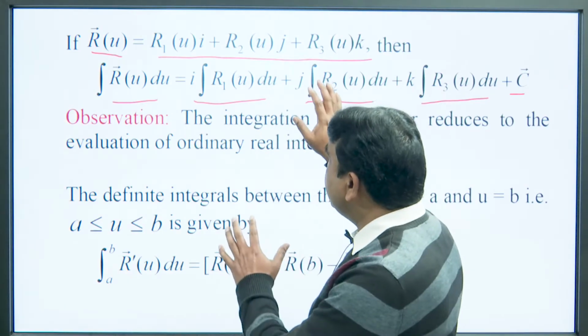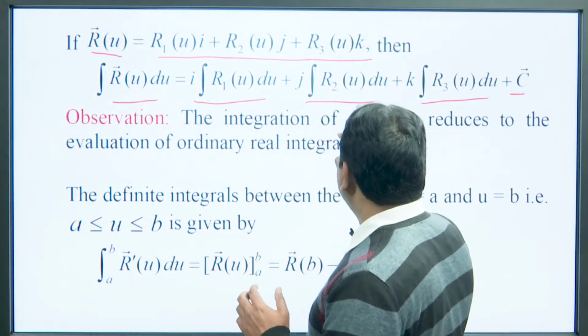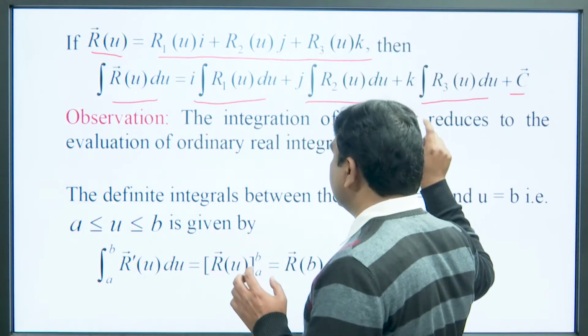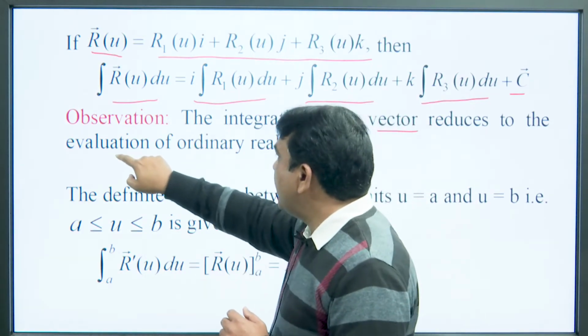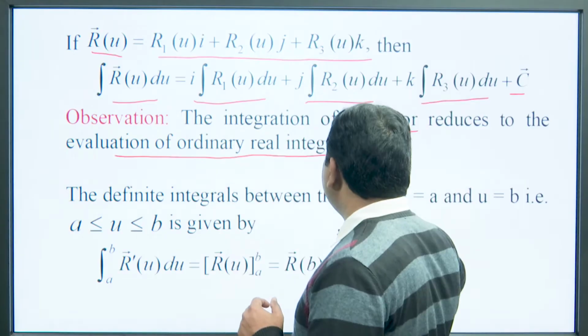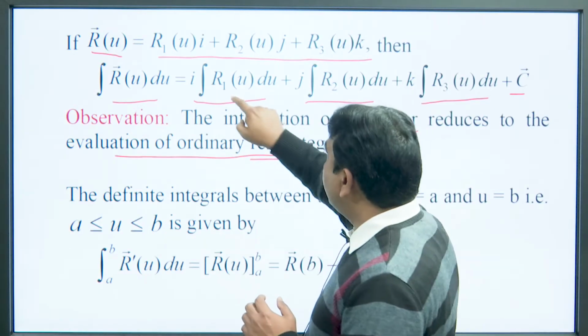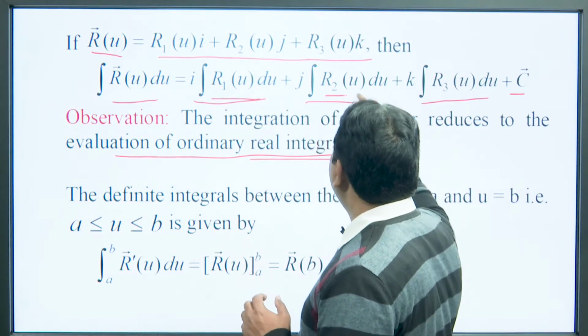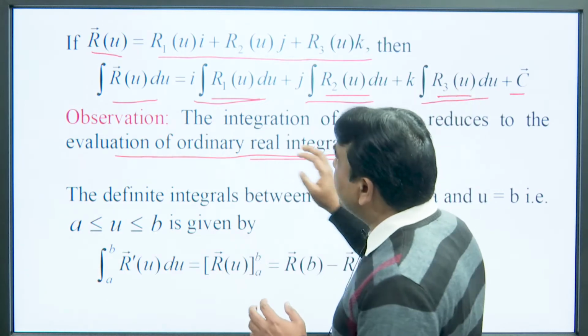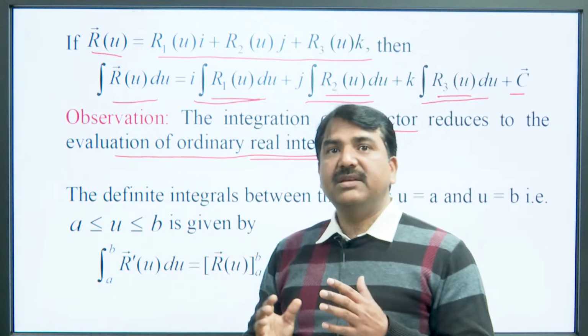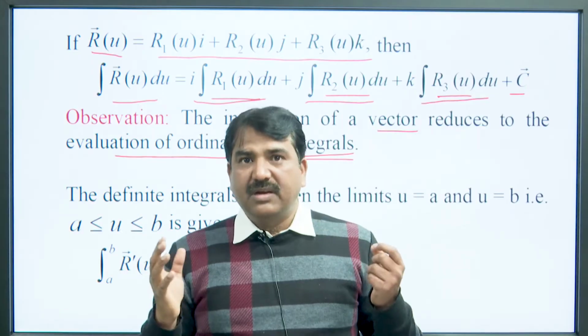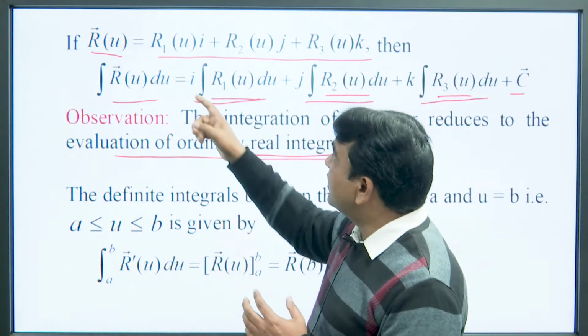Here we can see that the vector integration of a vector point function reduces to the evaluation of ordinary real integrals. All these integrals are real integrals. So, it is very important that the vector integration reduces to real integrals when the vector function is given in components form.